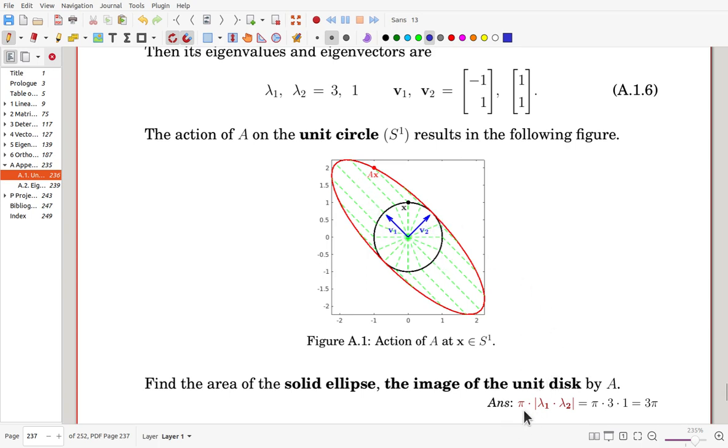That is exactly pi times the absolute value of lambda 1 lambda 2. So we get the final answer, 3 pi. So the product of eigenvalues becomes a volume scaling factor. In fact, the product of eigenvalues is the same as the determinant, which is a volume scaling factor. Now, eigenvalues are giving detailed scale in each principal direction.